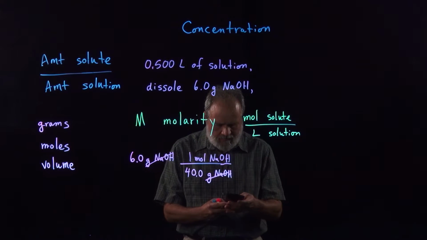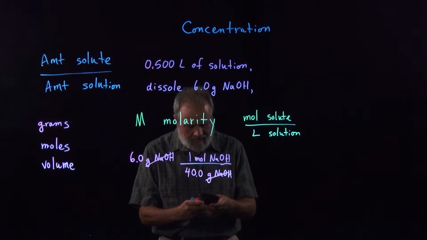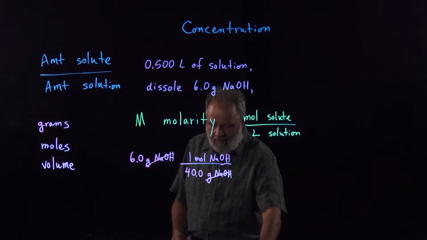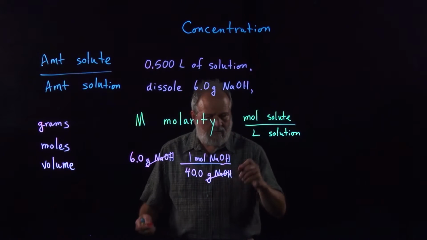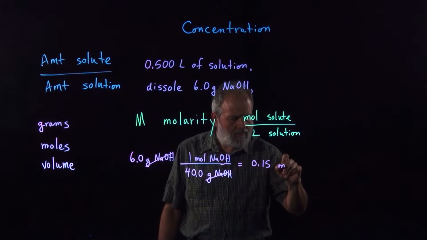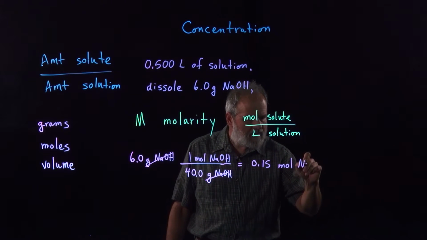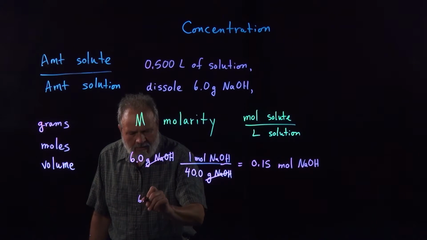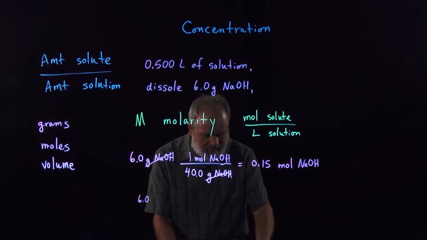All right. So 6 divided by 40 is 0.15 mole sodium hydroxide. And so the molarity is not 6 grams.